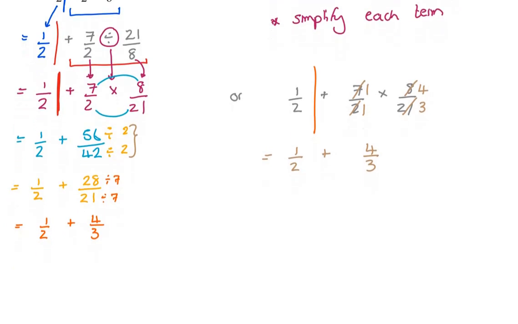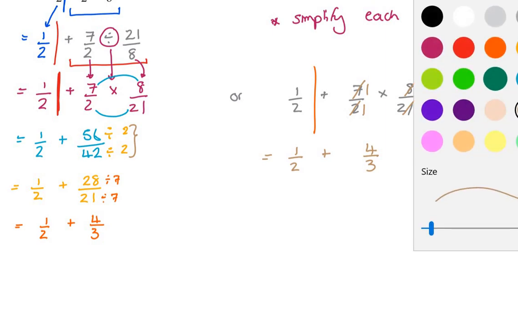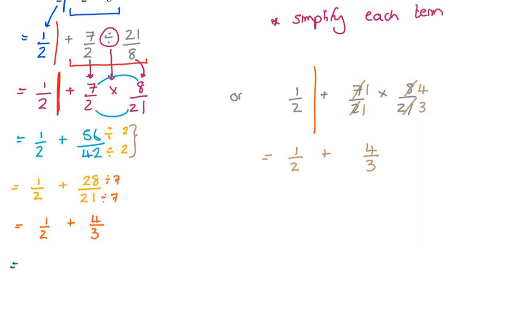Okay, so now I can continue with one sum because this is the same. I'm adding. My LCD I think is 6. So I need to multiply by 2. So I multiply by 2, so I get 8. I need to multiply by 3, so I get 3. And finally, 3 plus 8 is 11. 11 divided by 6.